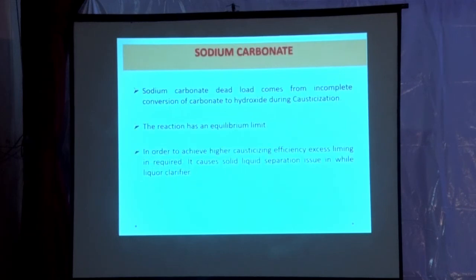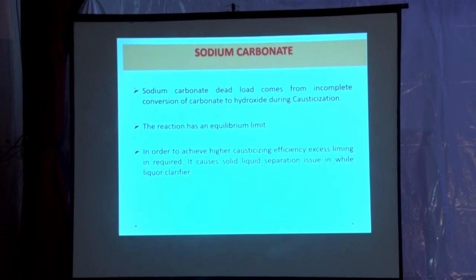The first, sodium carbonate. As you know, sodium carbonate comes from incomplete conversion of carbonate to hydroxide during causticization. There is a reaction limitation. There is an equilibrium for CaO, Na2CO3, NaOH. But you have to fix a benchmark for your particular mill.